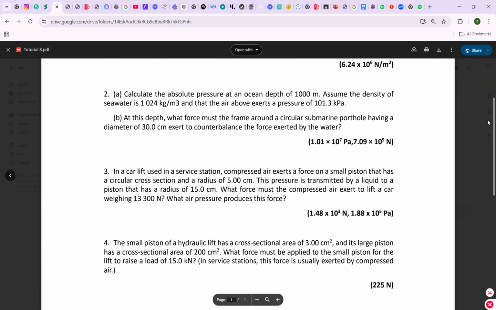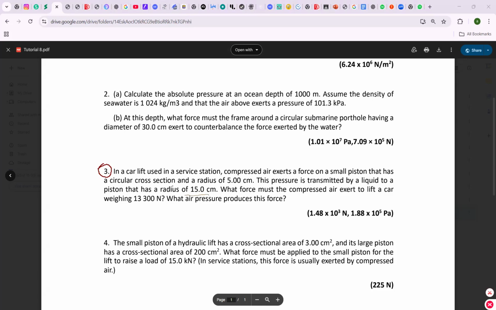In a car lift used in a service station, compressed air exerts a force on a small piston that has a circular cross section and a radius. This pressure is transmitted by a liquid to a piston that has a radius of 15. So this is small f and small a.